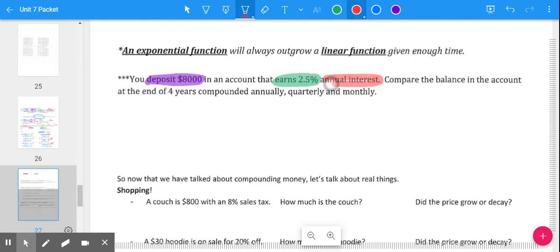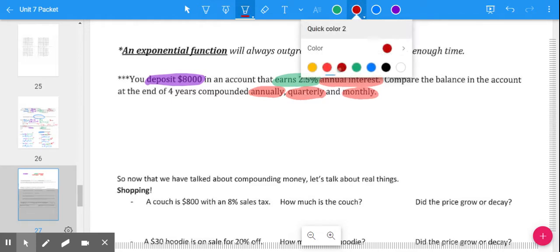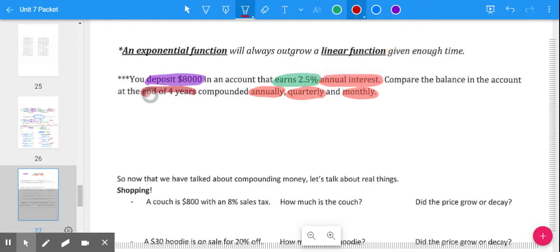So if it's happening annually, your n value is 1. So we have annually, then we have quarterly, then we have monthly. So we're going to write our formula to cover all of this. And we want to know at the end of 4 years.